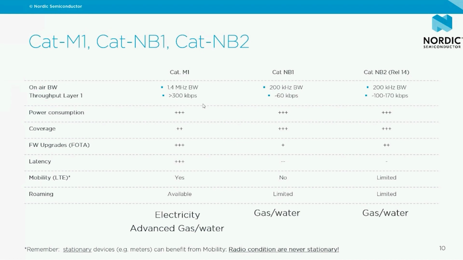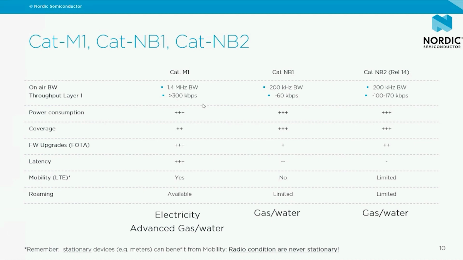Because if you have a utility meter and there is a big truck parking in front of that utility meter every second day and blocking the view to the cell, you can have an issue with data transmission if you rely on technology where you don't have mobility. Whereas with M1, for example, you can transmit data and you can then change to a different cell without losing data on the way. So it gives you higher reliability in that sense. That's something to be aware of.